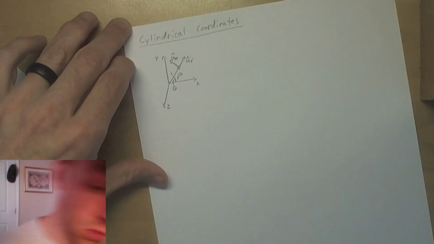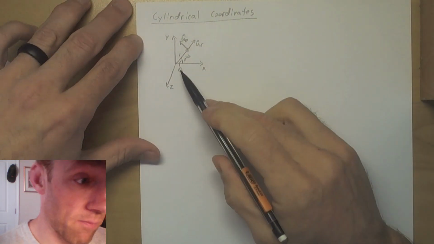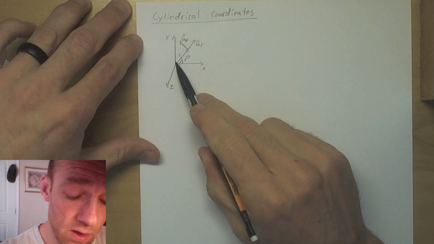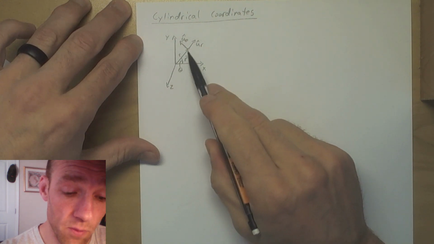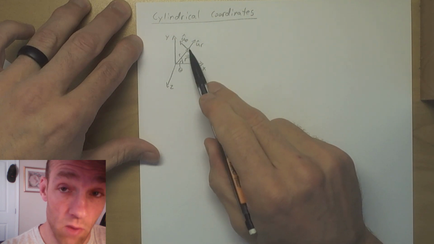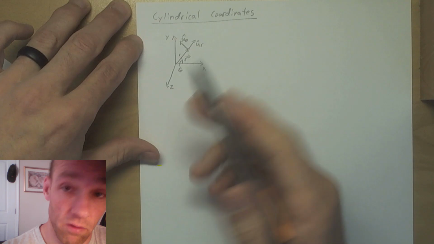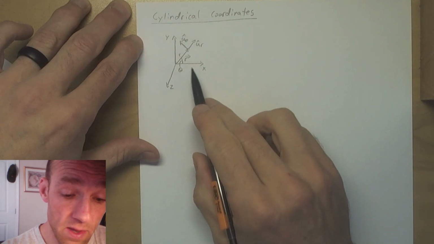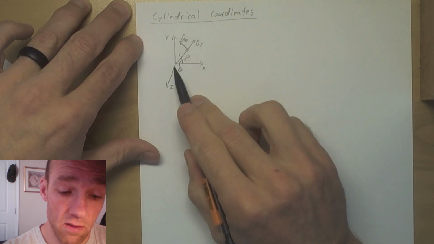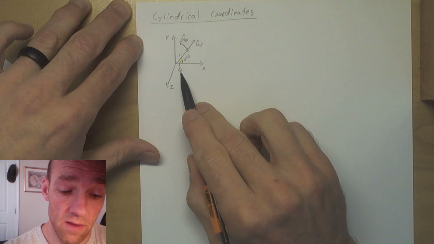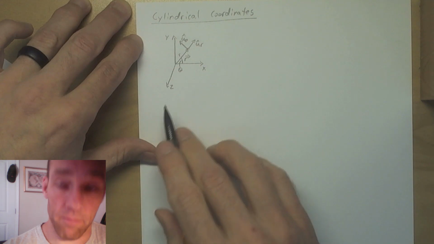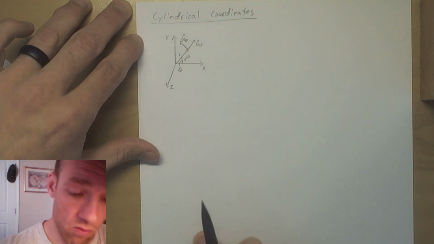In cylindrical coordinates, rather than giving the x, y, and z locations, I give the distance on the xy plane from the origin in terms of x and y, and then apply a z coordinate as well. The z coordinate stays the same, but the x and y are replaced by the distance from the z axis along with the angle theta of the position vector projected onto the xy plane.